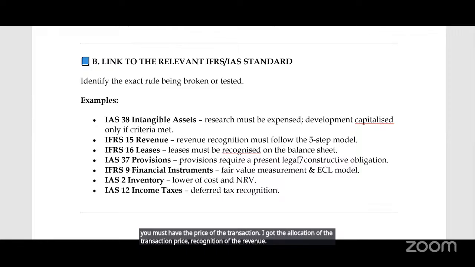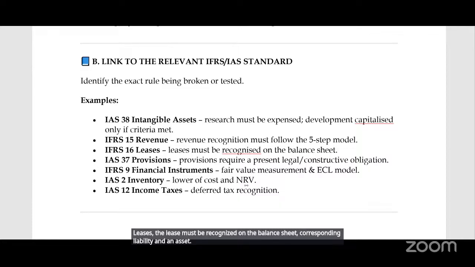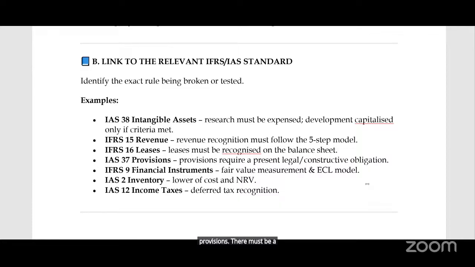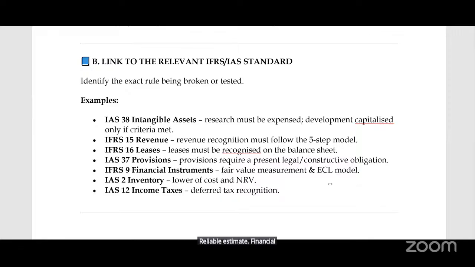Leases, the lease must be recognized on the balance sheet, a corresponding liability and an asset. Provisions, there must be a present obligation, right? It must result in an outflow of economic benefit, with reliable estimates. Financial instruments, are they measured at fair value or the expected credit loss model? Are you getting it? Inventory, deferred tax. You must know all those things, at least the basic ones.